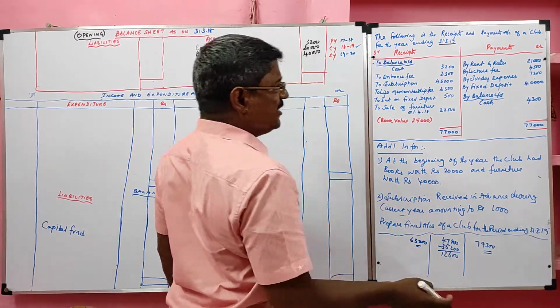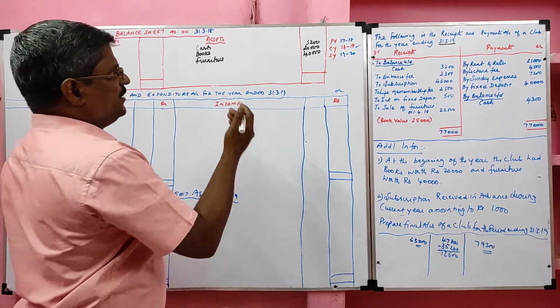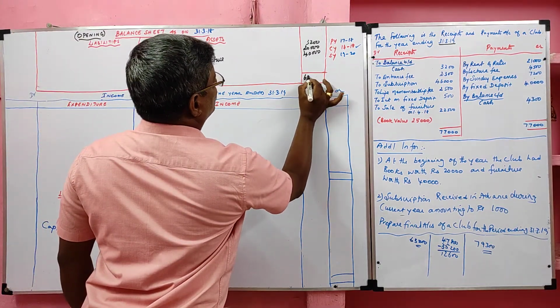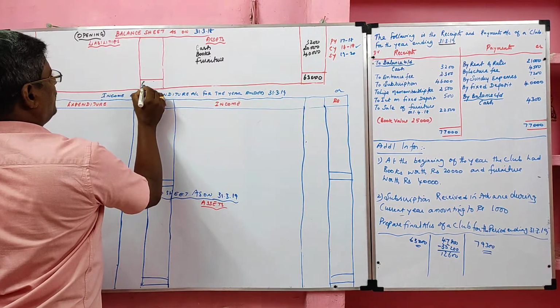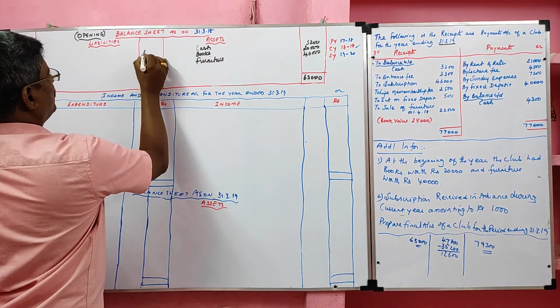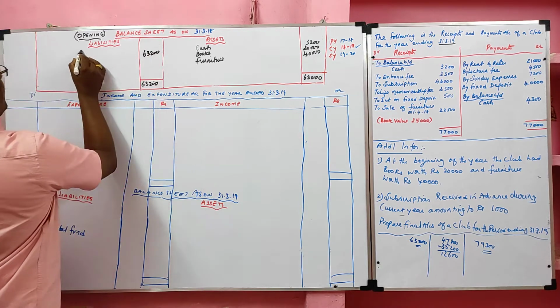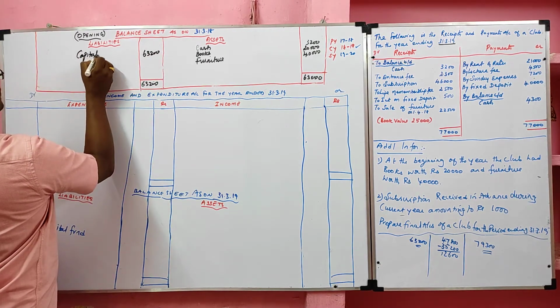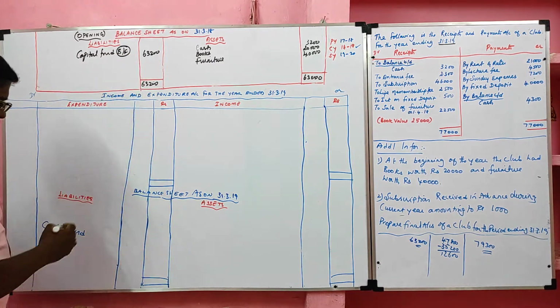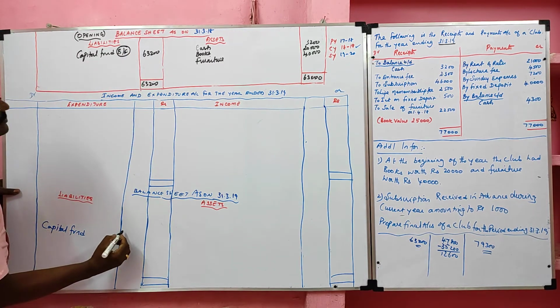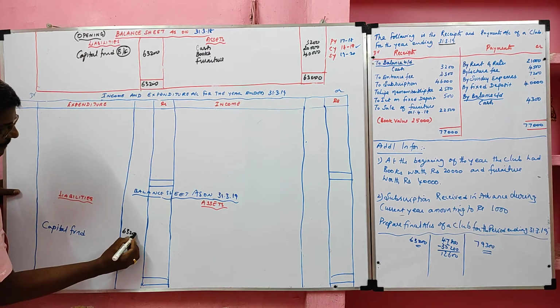Thereafter no information relating to the previous year, so we will close this. 63,200. It is the opening capital fund. It is a capital fund. We assign it as the balancing figure. It will go to the closing balance sheet liability. We should record it in the inner column.